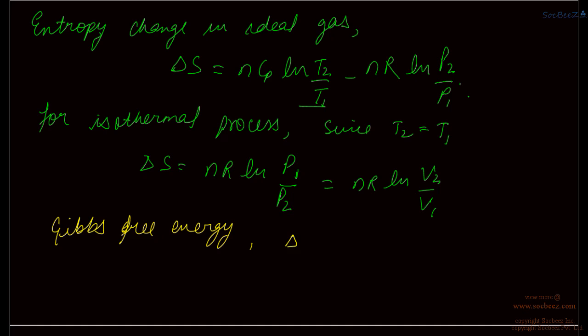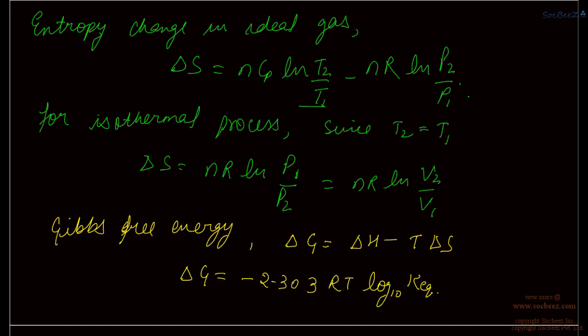So Gibbs free energy is given by delta G equals delta H minus T delta S. And if we take equilibrium into account, then delta G equals minus 2.303 RT log 10 K equilibrium.